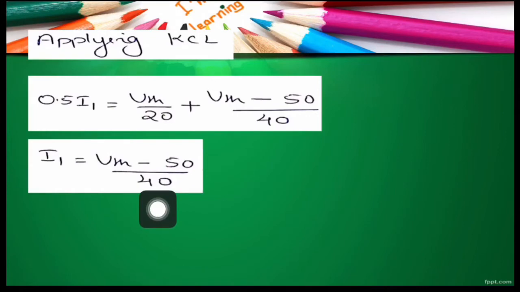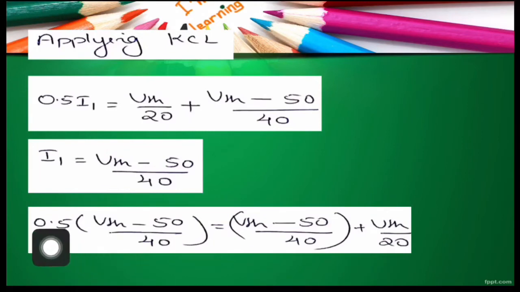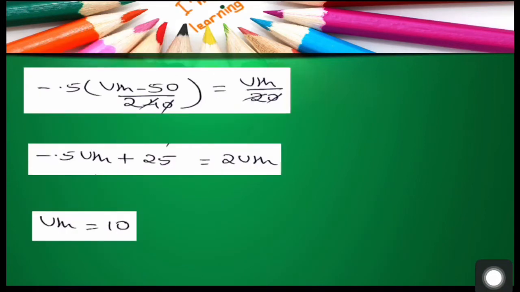By substituting the value of I1 in this expression, we get 0.5 into (VTH minus 50) by 40 is equal to (VTH minus 50) by 40 plus VTH by 20. Then by rearranging, we get VTH is equal to 10 volts. Clear?